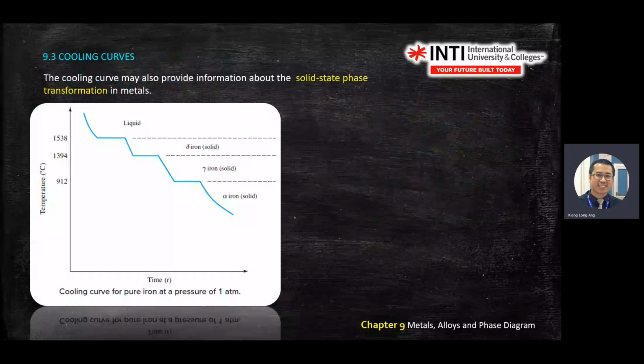In the liquid we don't know the phase because it's very hard to identify. Once it drops, we can detect it with the microscope. Between 1538 and 1394 you detect delta iron. Between 1394 and 900 something, you get gamma. And below 900, you get alpha.